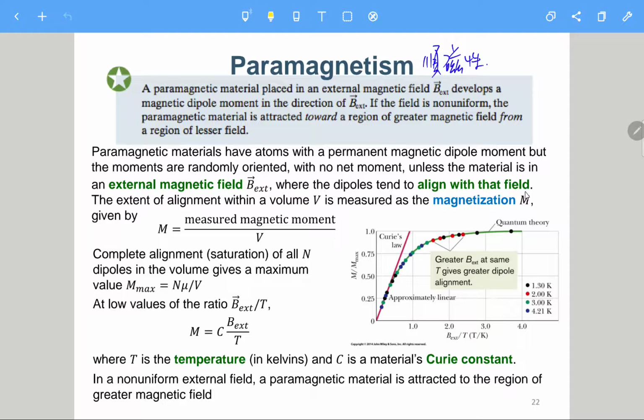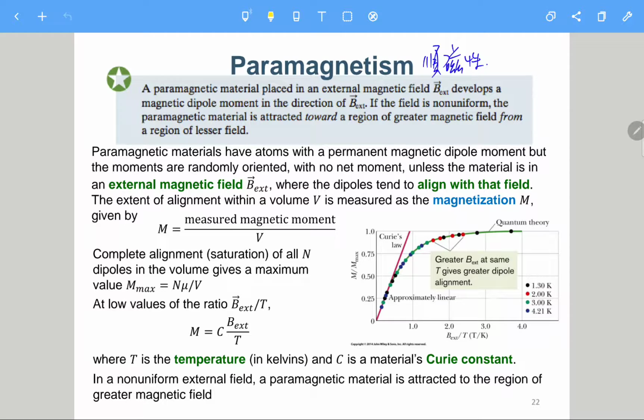So it is something like the dielectric. For the dielectric, there are many electric dipoles inside it, but if there is no external E field, then it feels like a normal material.